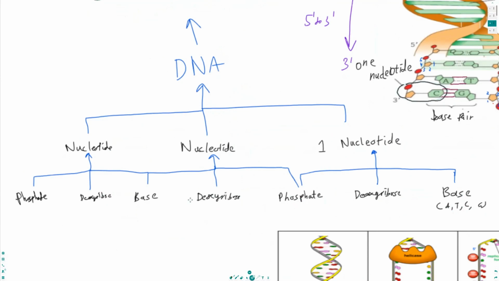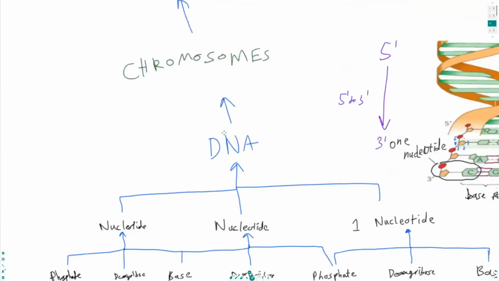Same thing here. All three of these make up one nucleotide. I'm showing three nucleotides here, but there's actually more than three. Multiple nucleotides make up the DNA molecule, which is our antiparallel, double helix structure, twisted ladder.